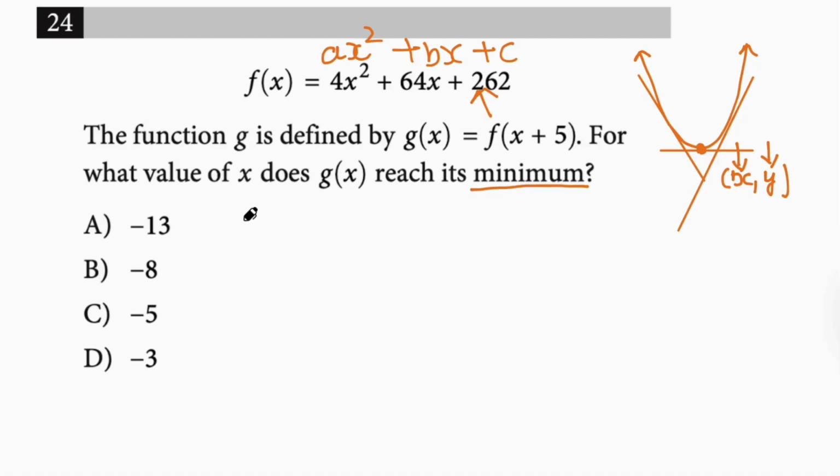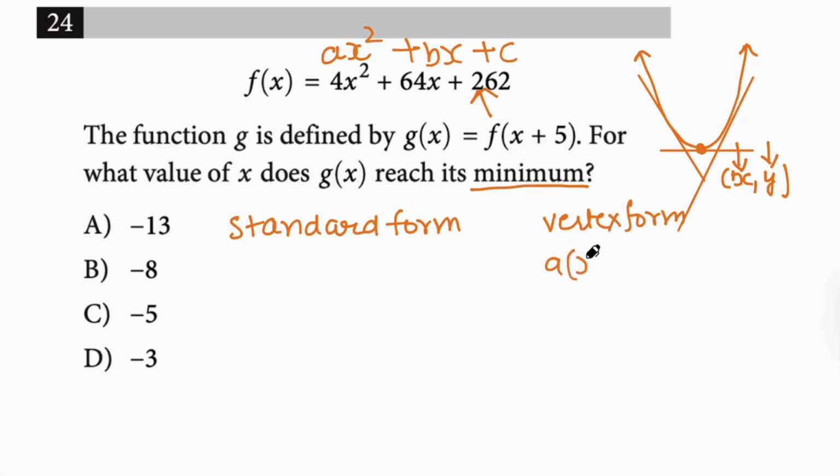Now the equation given can be in two forms. One is standard form and another one is vertex form, right? Vertex form is like a(x minus h) whole squared plus k, and standard form, which is given to us, is ax squared plus bx plus c.